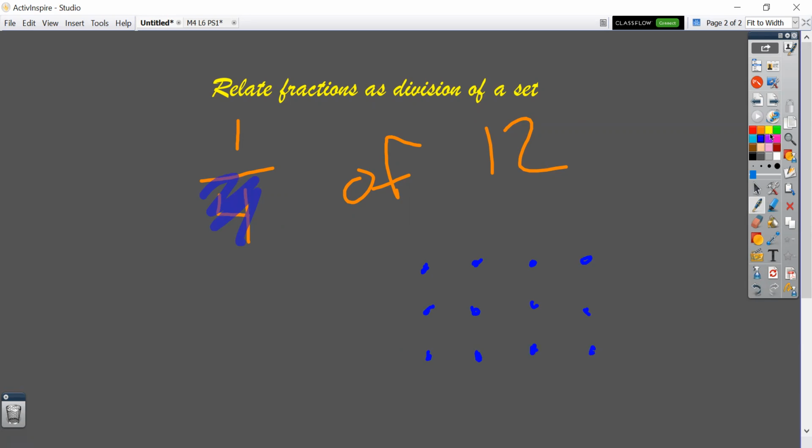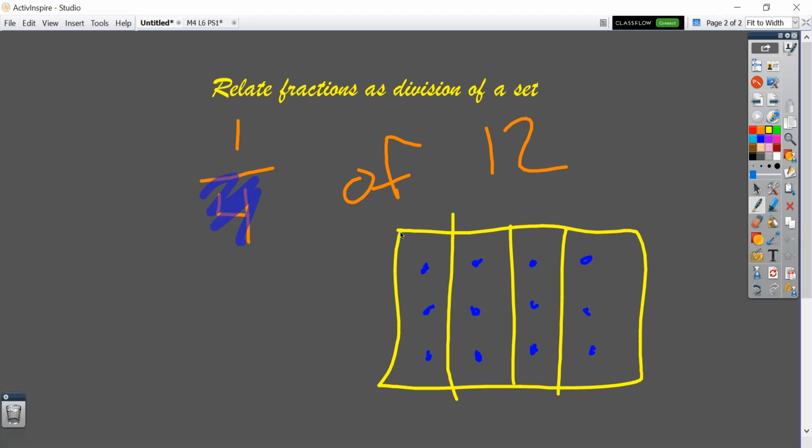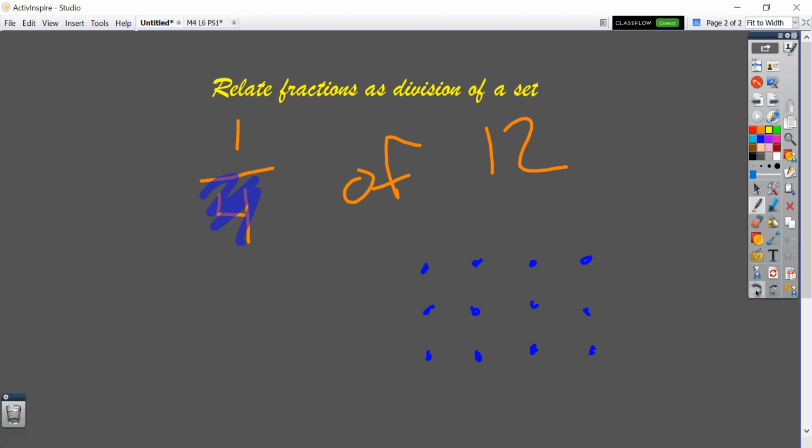So 1/4 of those. Even if you can do that in your head, you need to show me the work. I need to know what your brain's thinking. 1/4 of 12. If I think about these into fourths, and I'm going to undo that because I want you to start trying to visualize that in your head, 1/4 of those will equal 3.